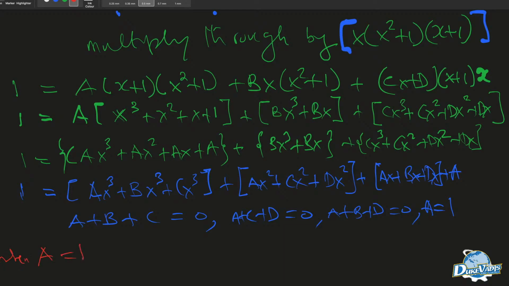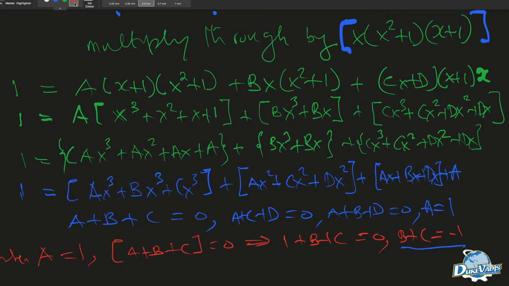When we put in the values into this, we have a plus b plus c is equal to 0, which implies that 1 plus b plus c is equal to 0. So that means b plus c is equal to -1. This we have to underline because we're going to use it later. All right? It's looking good.